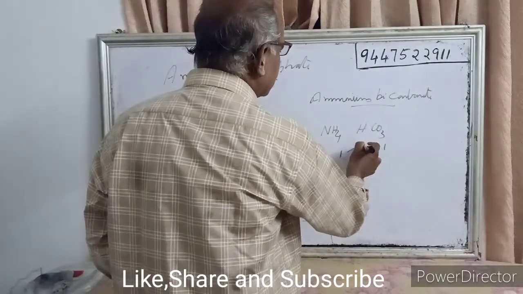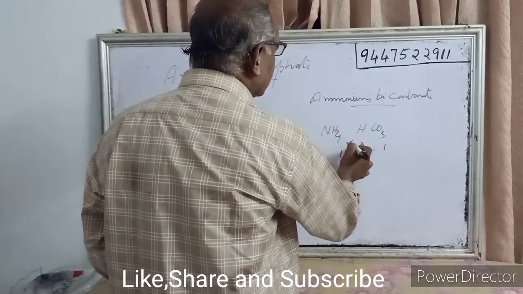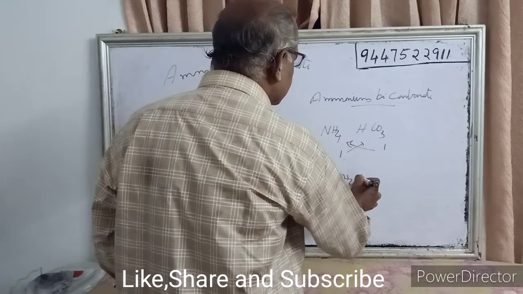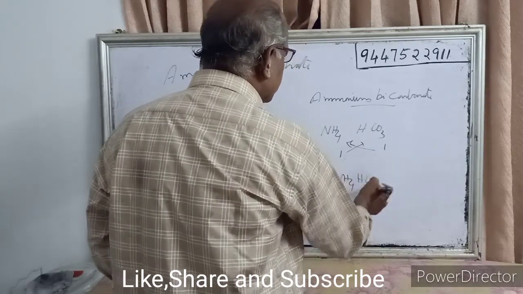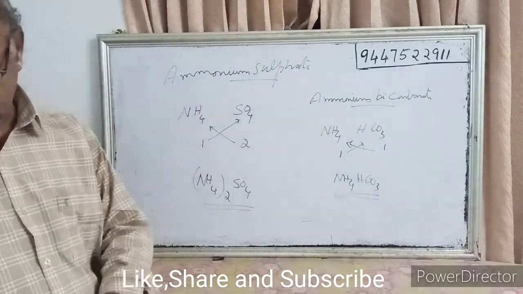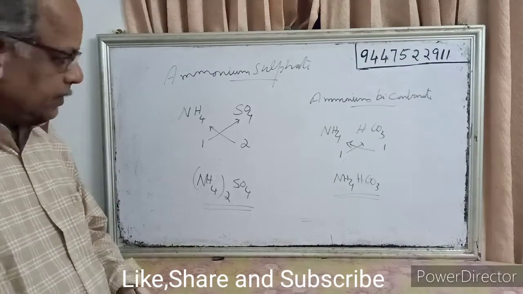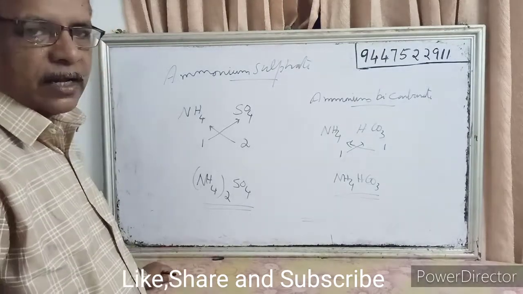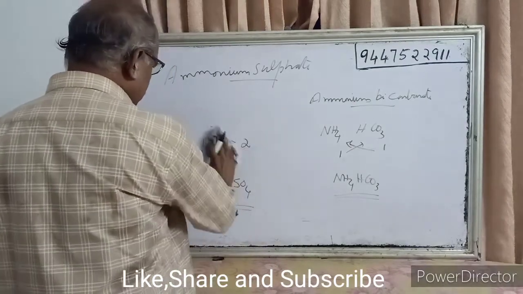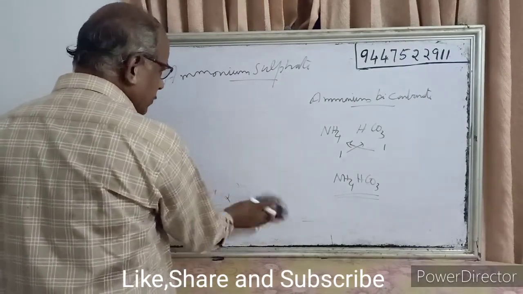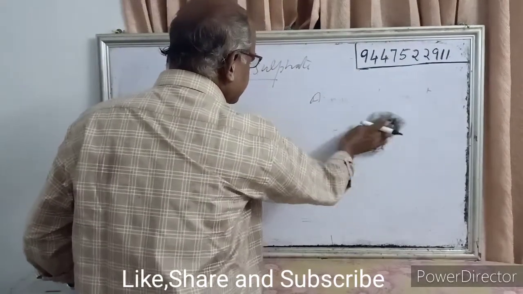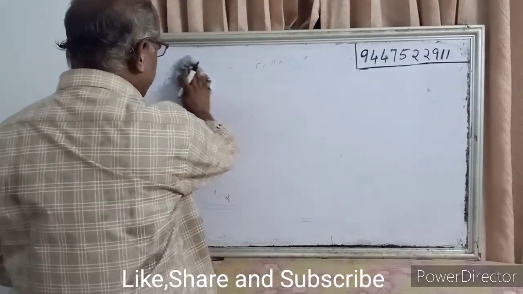So when you cross it, this becomes NH4HCO3, because both have valency 1. Then next, write calcium bicarbonate and ammonium carbonate. Ammonium bicarbonate is already written.